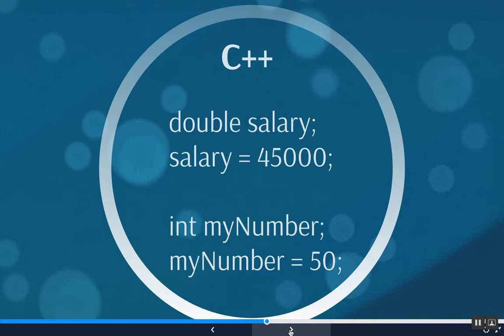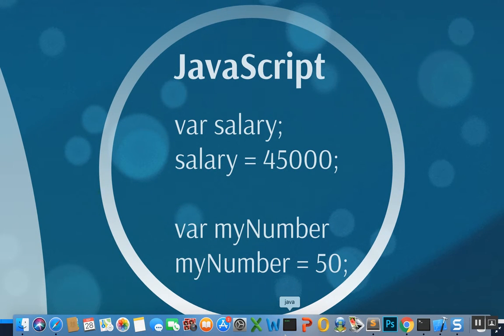Here's C++, double salary to declare it. Later, you can assign 45,000 into salary, and int myNumber, and assigning 50 into myNumber. Again, you can see C++ is a strictly typed language because it did require what type of data was going in. JavaScript, weakly typed.